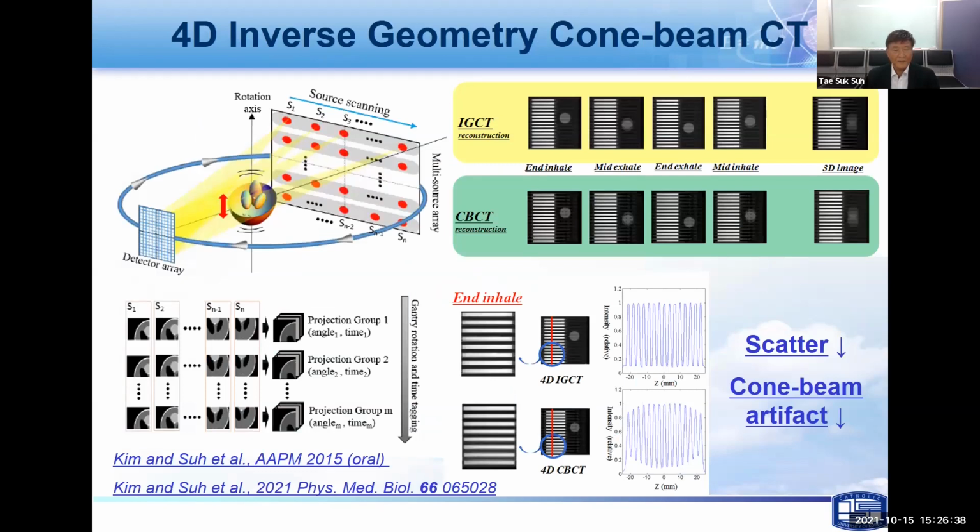In past years, cone beam CT has been used to localize the target in radiation therapy. But recently, inverse geometry computed tomography, what we call IGCT, with a multi-source and a small detector, has been developed to overcome shortcomings of cone beam CT, such as the scattering problem and cone beam artifact.